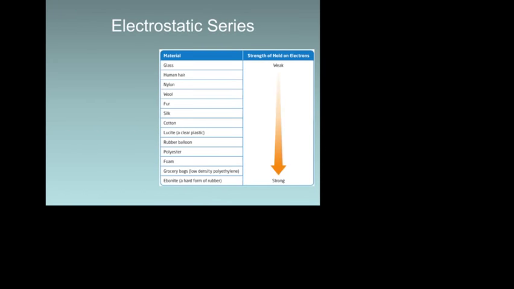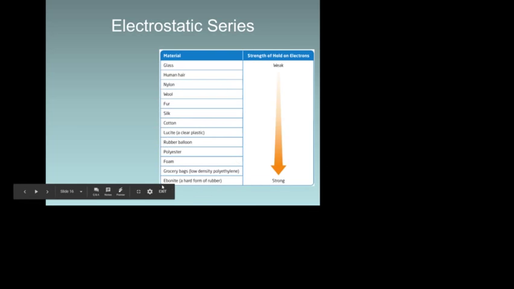The thing that you need to remember about the electrostatic series is these things up here have a very weak hold on electrons, so they tend to give electrons away. And this includes things like your hair and glass. These things are going to give up electrons and become positively charged.